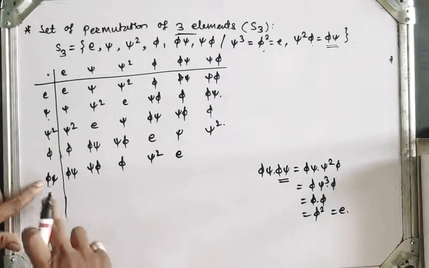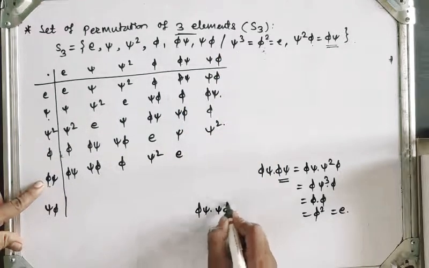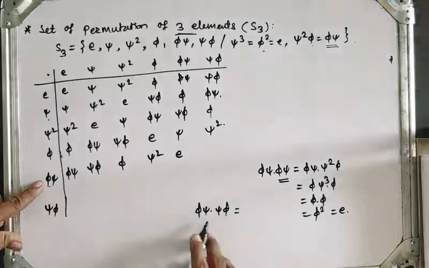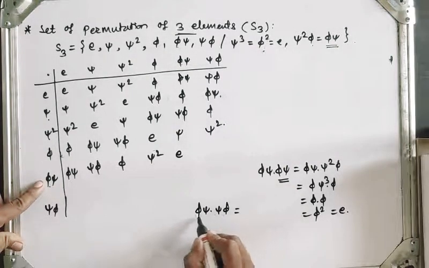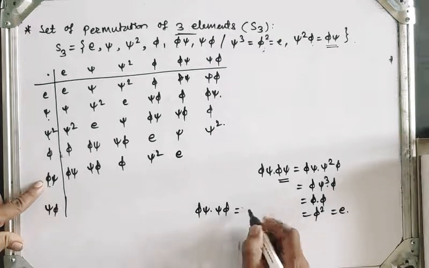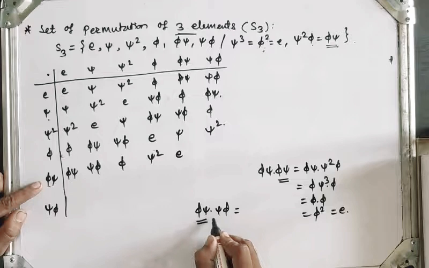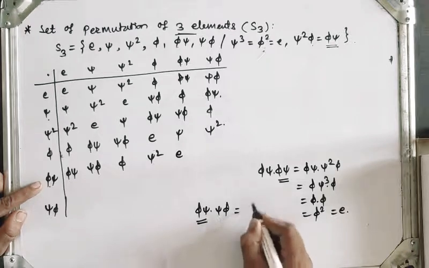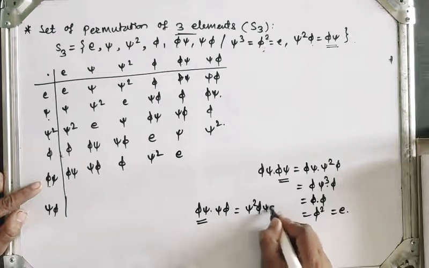Now next, phi psi into phi psi into psi phi, which is equal to, so here I get phi psi into psi phi, which is equal to, so what is the value of phi psi? So phi psi is psi square phi into psi phi.